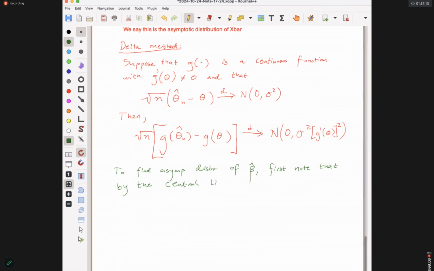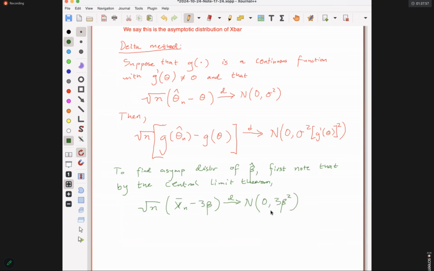So by the central limit theorem, the square root of n times x bar n minus the expectation of x bar, or the population mean, which in our case is 3 beta, is convergent in distribution to normal, mean 0, and variance is 3 beta squared.